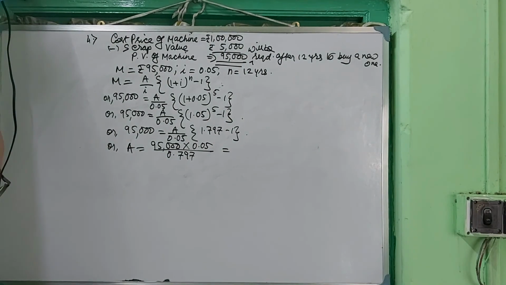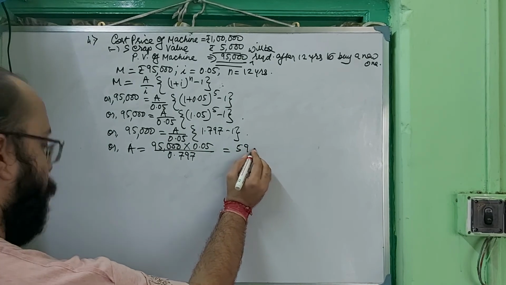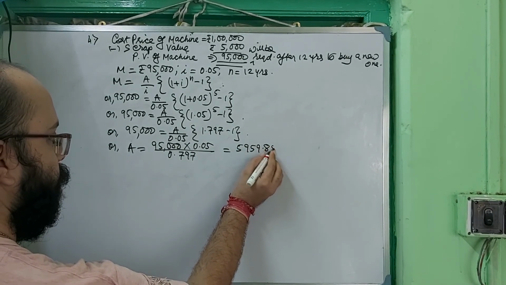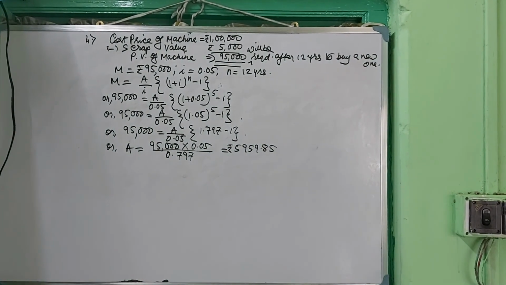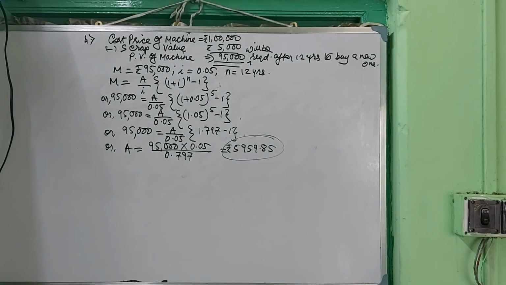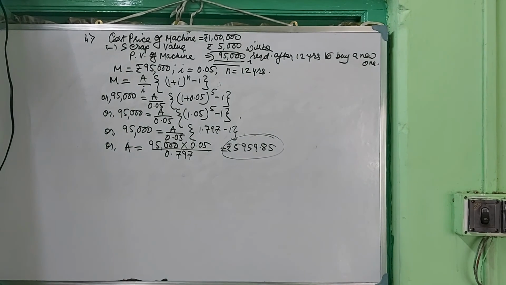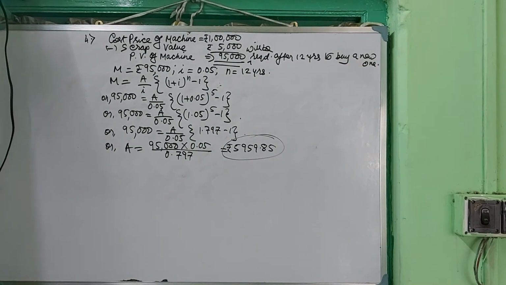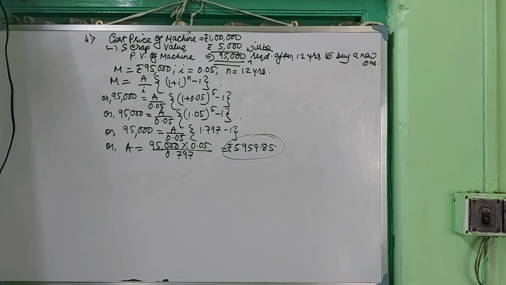The annual profit you have to retain is 5,959.85 rupees. Required sum to be retained out of profit every year is rupees 5,959.85. Means that amount you have to retain every year. Then after 12 years, you can purchase a new machinery of the value 95,000. Okay, this is the two sums which I have provided you in my previous class homework.